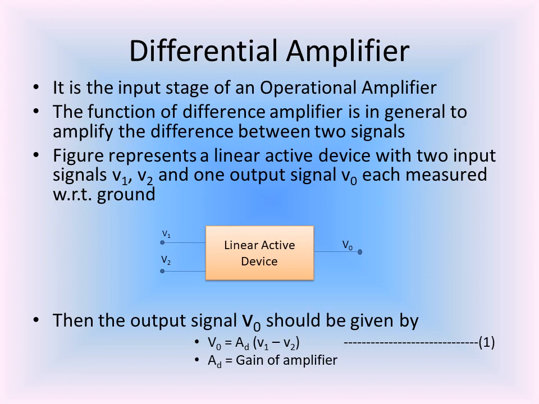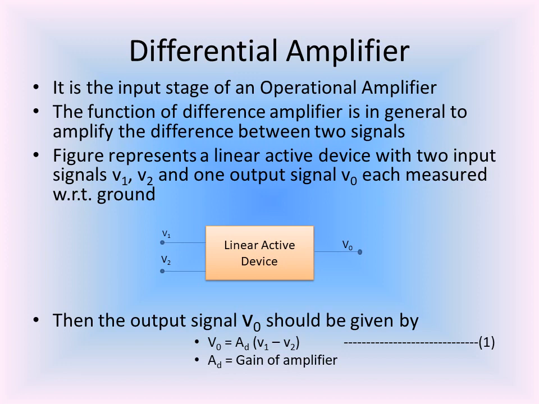Let us suppose we have a linear active device, and in this linear active device there are two inputs V1 and V2, and there is a single output V0. All voltages are measured with respect to ground. So by definition, the output signal V0 should be AD times (V1 minus V2), as shown in equation 1.